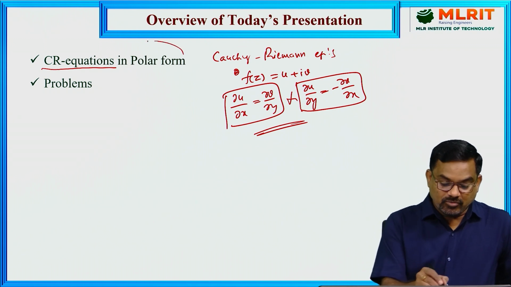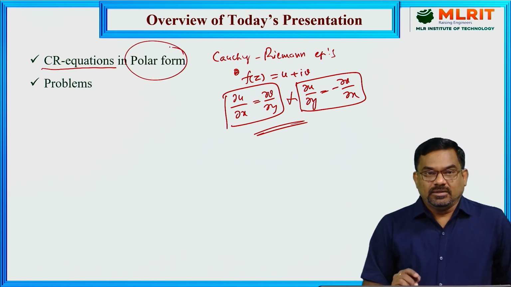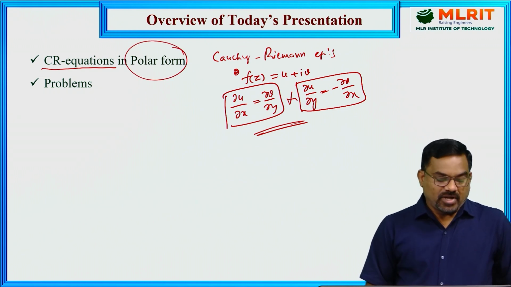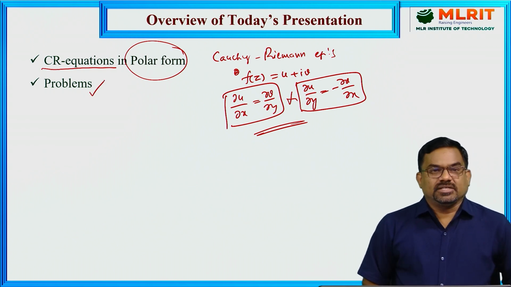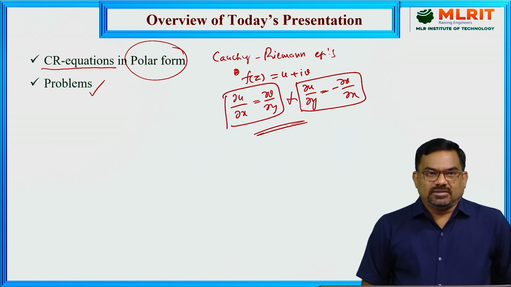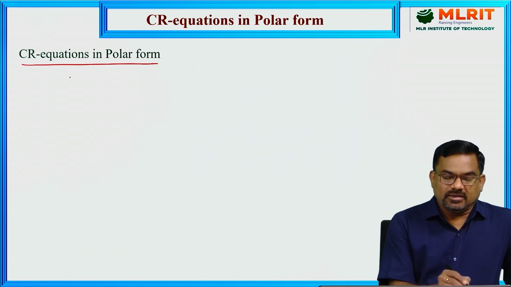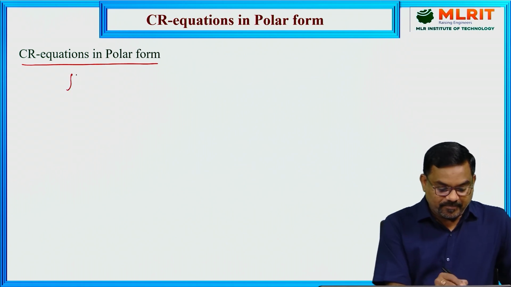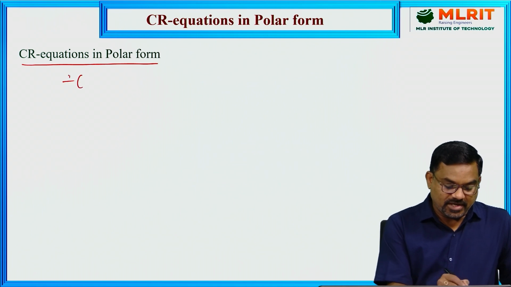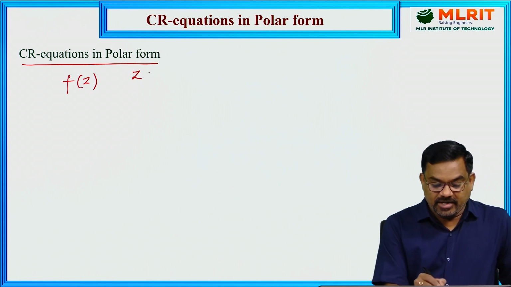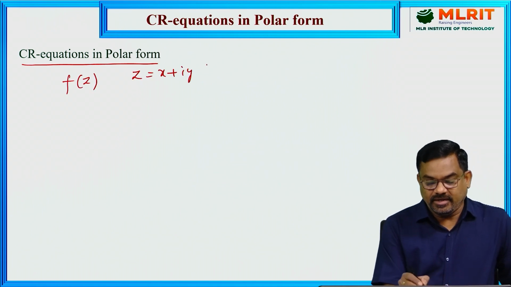Now, today I am going to introduce the equations in polar form, and also discuss some problems on CR equations in polar form. Let us consider a function of a complex variable f(z), where z equals x plus iy in Cartesian form.